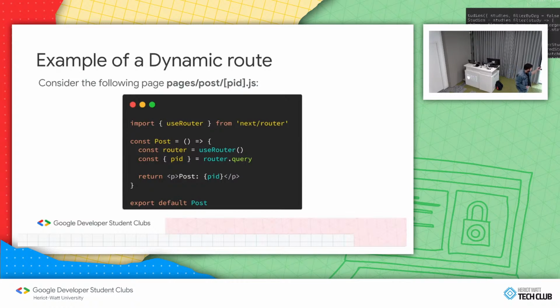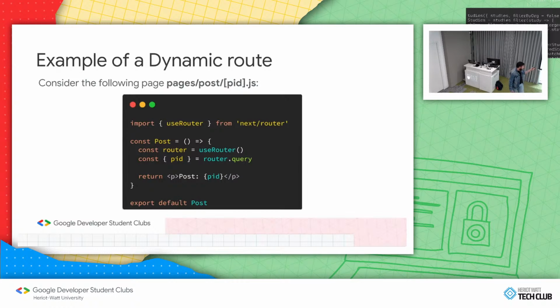So all you have to do is import useRouter as it's given in the slide. Then you have your basic post component. This is an arrow function. If you're not aware, an arrow function is very similar to the function we saw before. It just uses a different syntax. Then we use the useRouter hook that we just imported on top. Whatever the return value of the useRouter hook is, we store that in a constant called router.